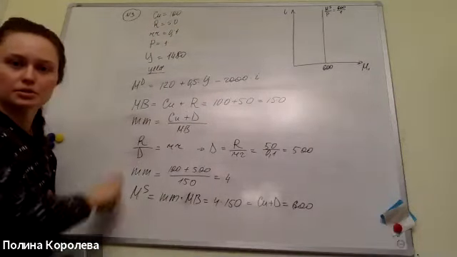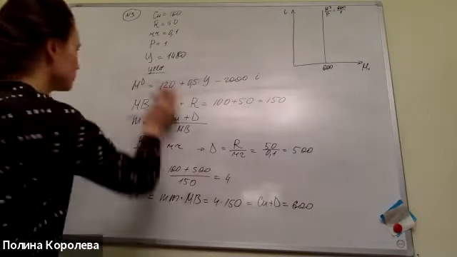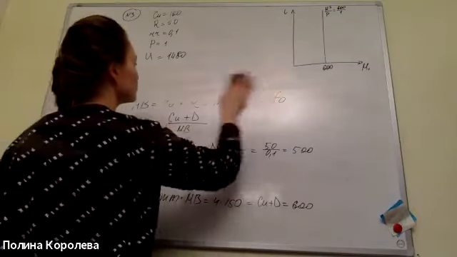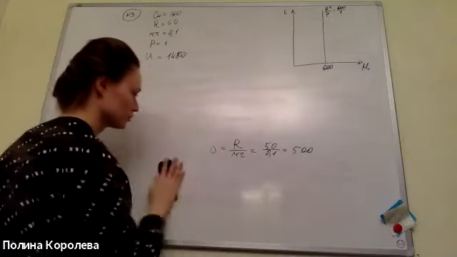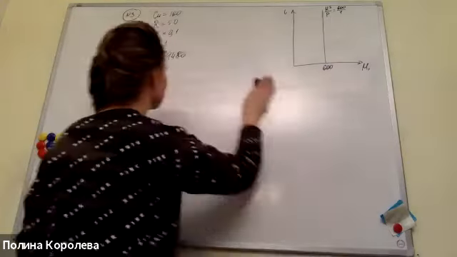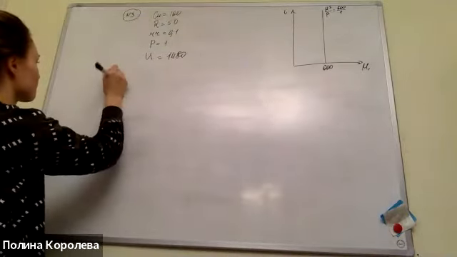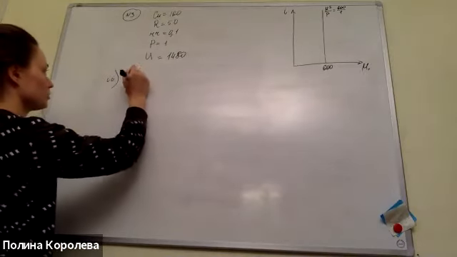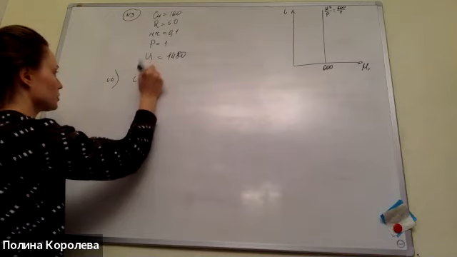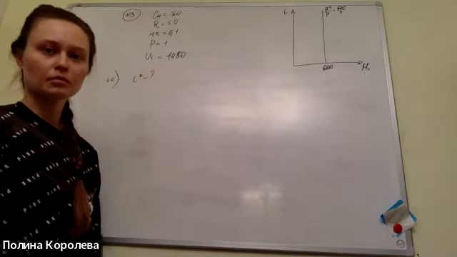Can I erase? Do you have questions about this? So in number 2, we should find the equilibrium interest rate, so equilibrium in the money market.